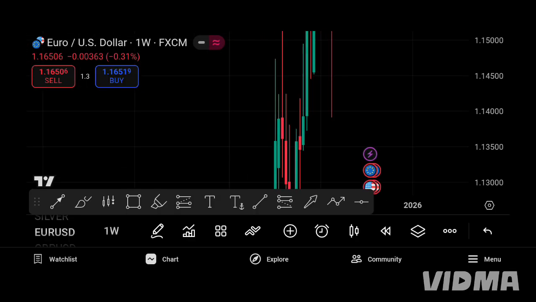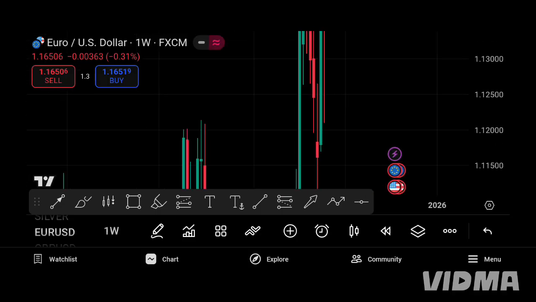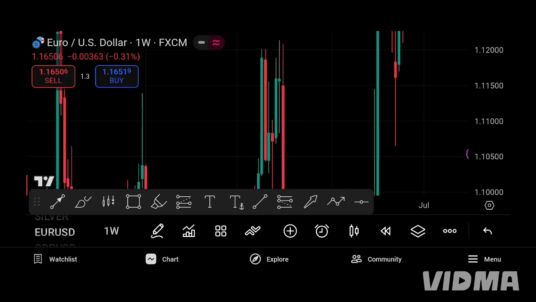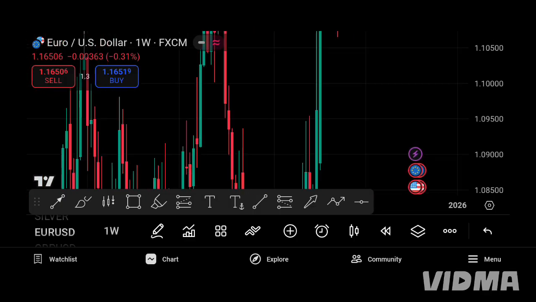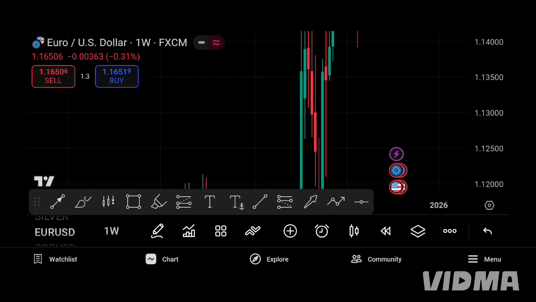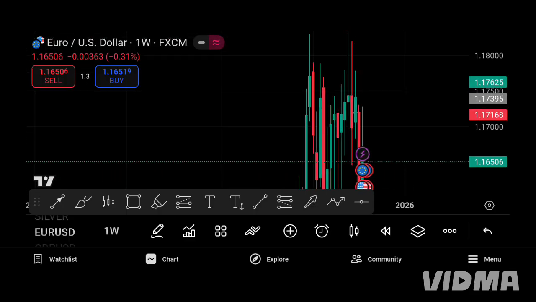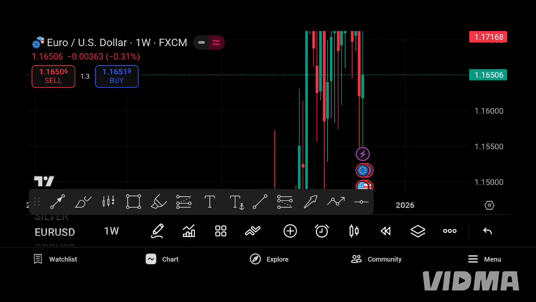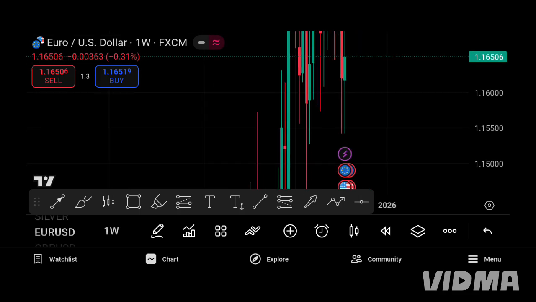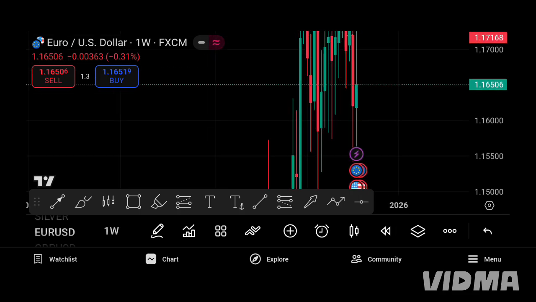As you see, EURUSD has been in an uptrend. But this week, we have been in an uptrend also.